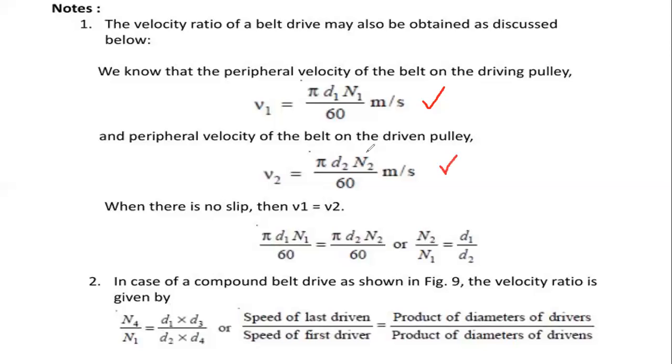That is for the second pulley we are taking it as N2, and for the second pulley the diameter is D2. Therefore we are taking it as pi into D2 into N2 by 60.